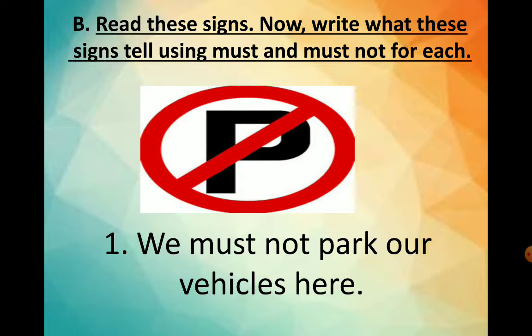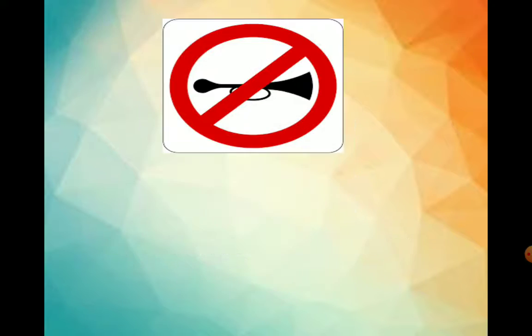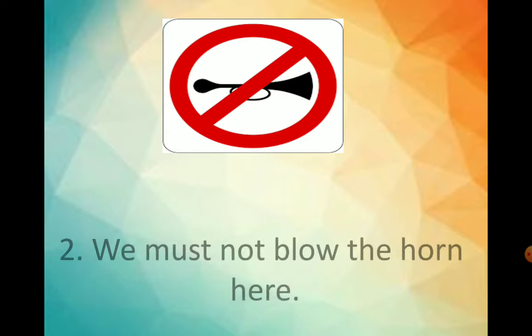What do you mean by this? No parking. So we are going to frame a sentence by using must. We must not park our vehicles here. So let's go to the second sign. What sign is this?